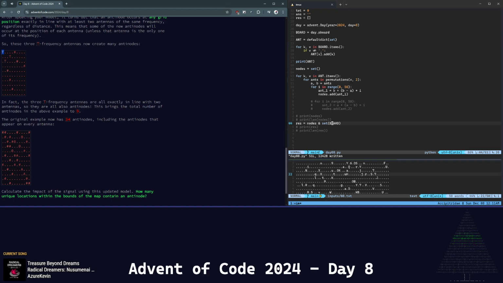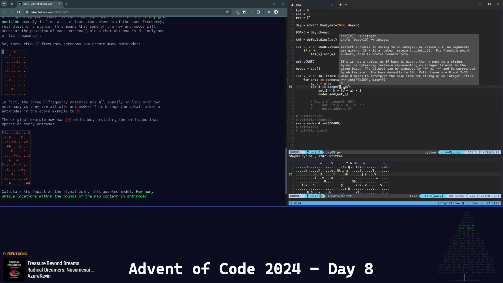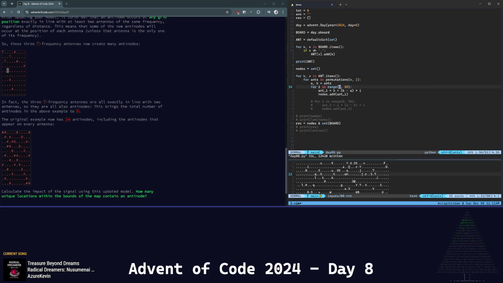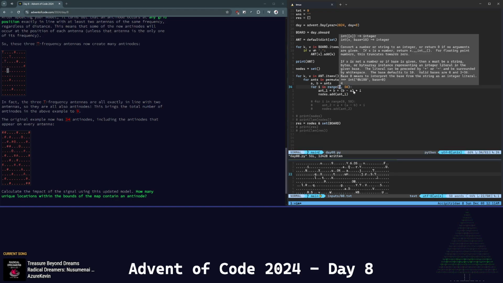It's saying this is considered an antinode because it goes here, and this is an antinode because this is on top of this. And actually, I thought that didn't count, so originally my ranges were starting at 1 because I only wanted to add this antinode. But it's a simple change to iterate over, including multiplying the distance delta by 0 gives us this exact antinode.